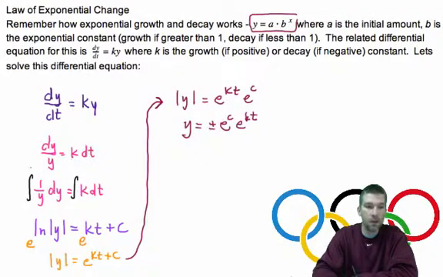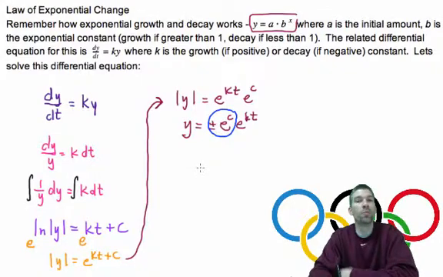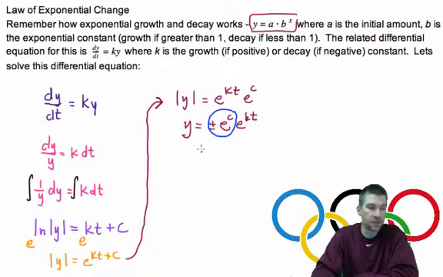Well, this should start looking familiar. Notice this is a constant, a number. This will be our initial value. So we will let A represent plus or minus e to the c.